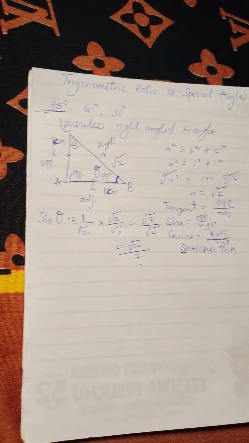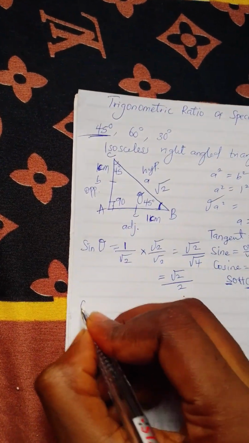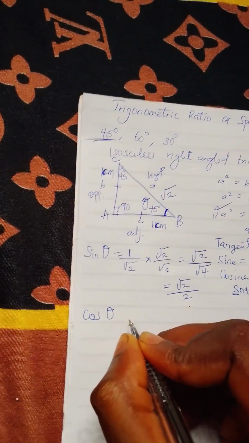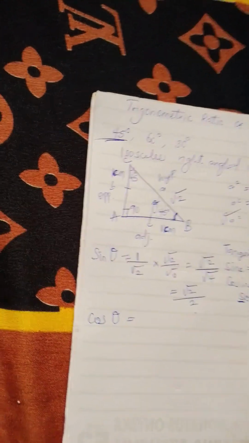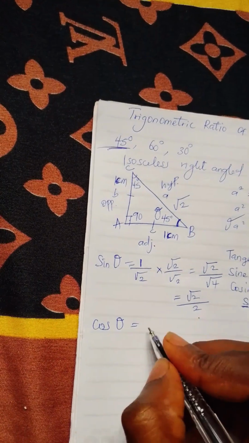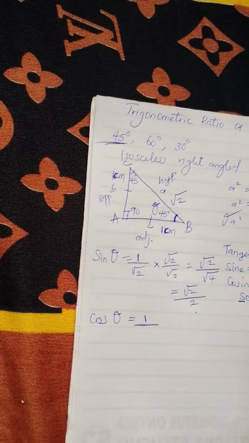Now I'm going to be moving over to the next one, which is our cos. So if I'm to find cos theta when theta is 45 degrees, I'm going to be having that cos is adjacent over hypotenuse, and my adjacent here is 1 centimeter, and my hypotenuse is what? Root 2.